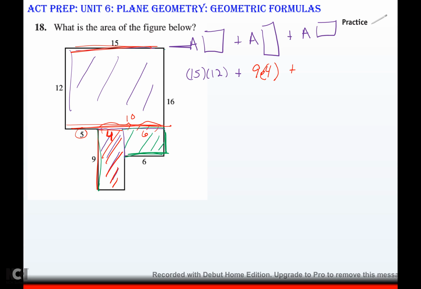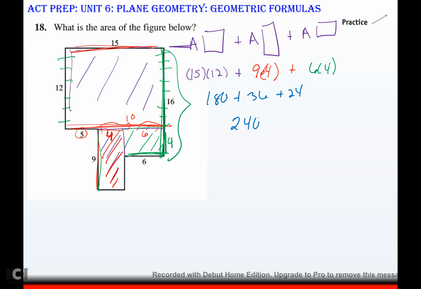Oh, this whole thing is 16. If you take off this much of it, which is this length, it would be 12. So 16 take away 12 would leave this to be 4. So this rectangle would be 6 times 4. Alright, and then I add all those up. 15 times 12 is 180 plus 36 plus 24 gives me a total of 240 units squared.